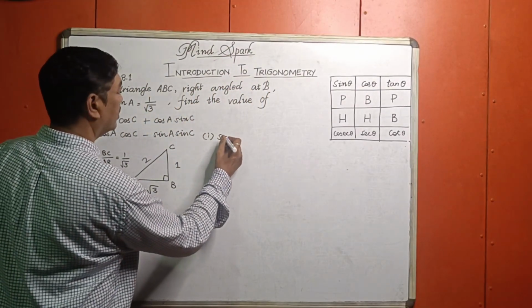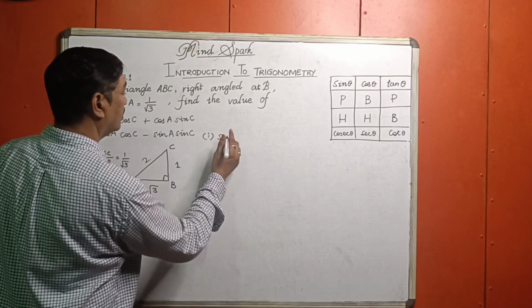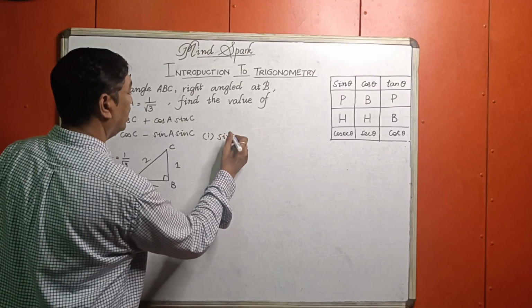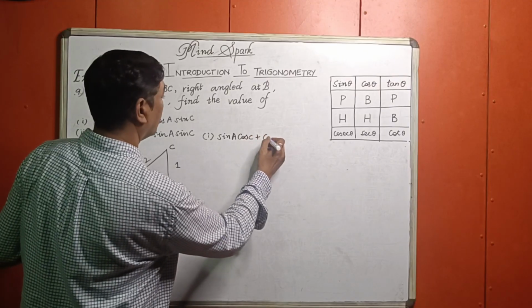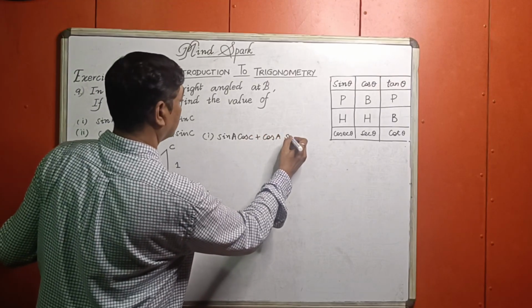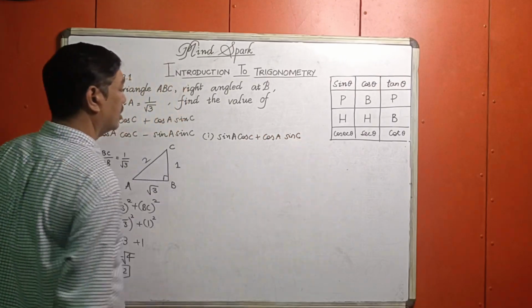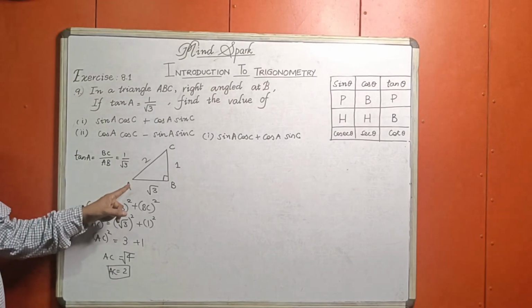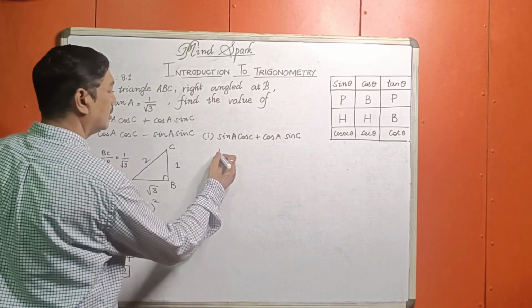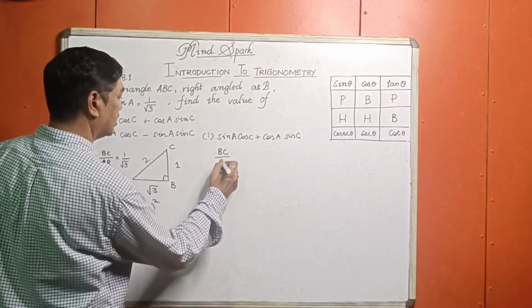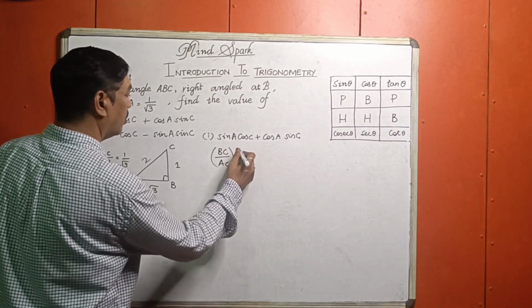So you have sin A cos C plus cos A sin C. Is it clear? So what is sin A? Sin A is opposite side by hypotenuse, so you should write BC by AC. And what is cos C?